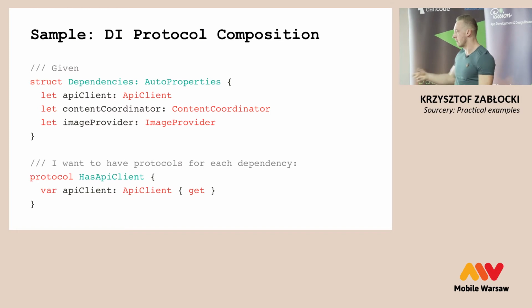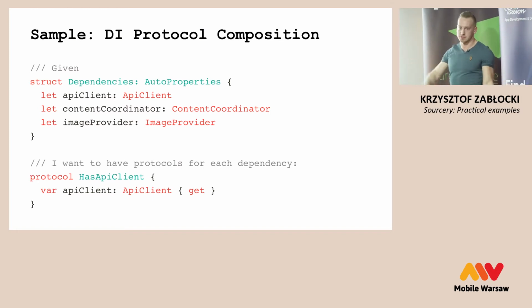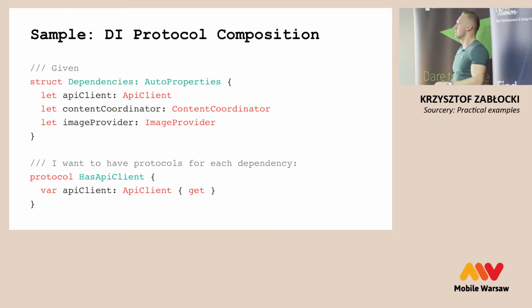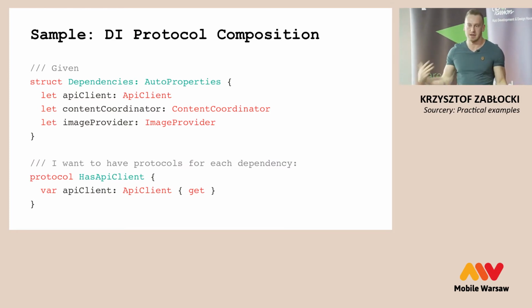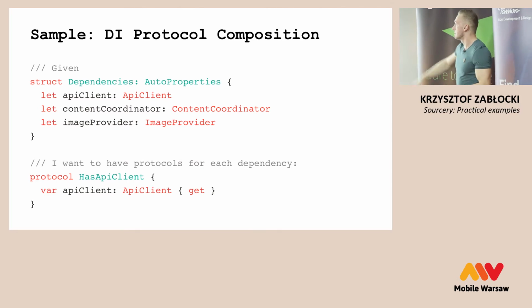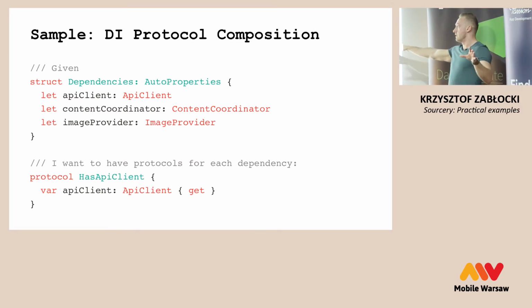For that to work, you have to have all those boilerplate protocols, which is basically a protocol called has whatever the dependency is that exposes a single variable, which is the dependency name. That is a lot of boilerplate to generate for the project, but it's extremely simple to actually automate. Let me explain first. I define the auto properties, which is a phantom protocol.